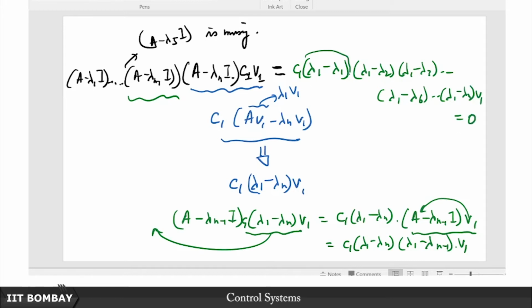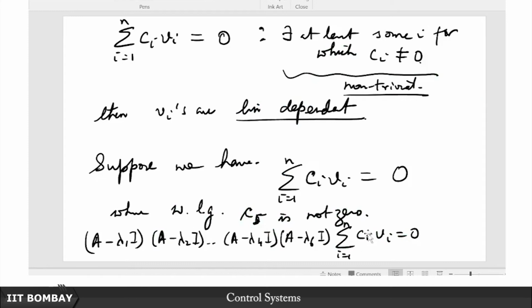But now notice that this term is going to go to 0. So therefore, when I act on this entire sum here, C1 V1 will vanish.